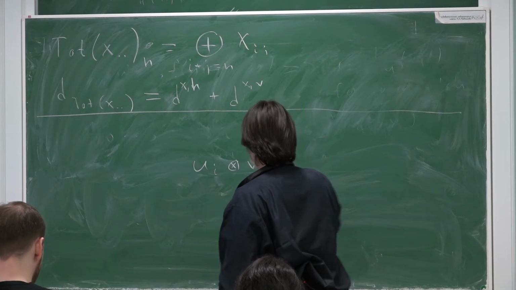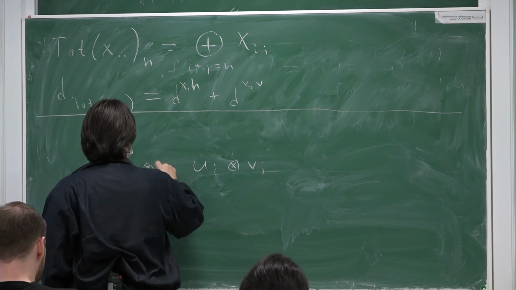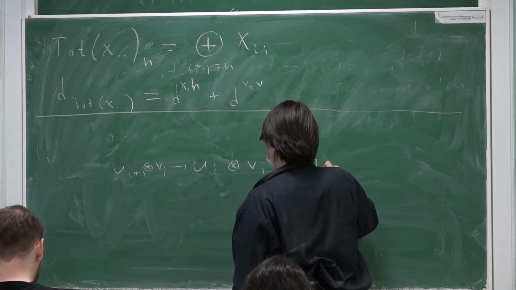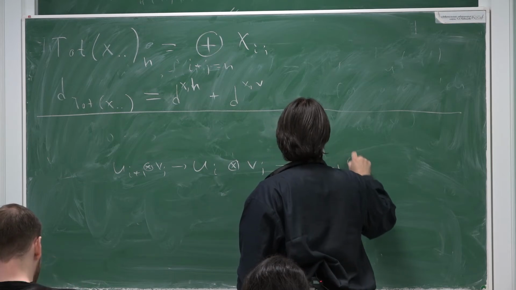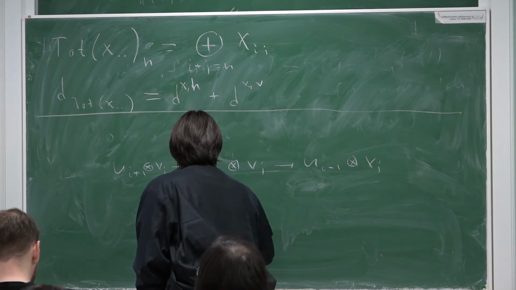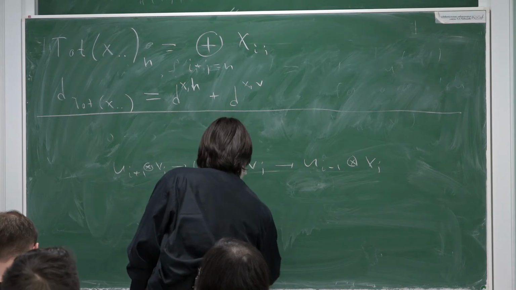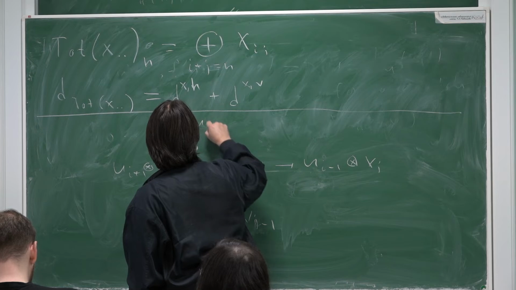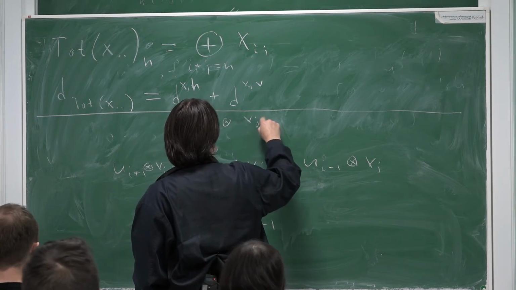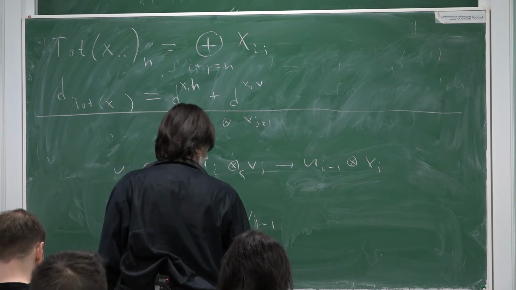Here, (i plus 1) tensor j, (i minus 1) tensor j, and i tensor (j minus 1), i tensor (j plus 1). All tensors are over R.